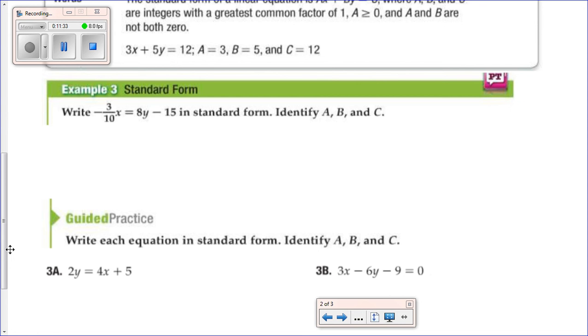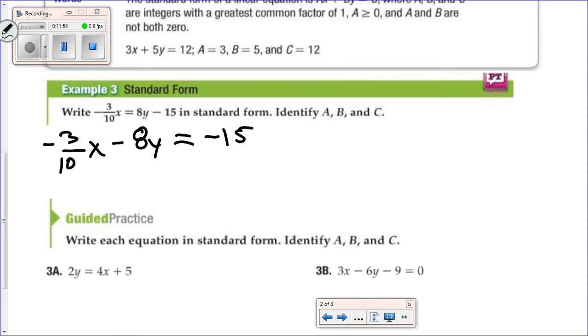And we also want a and b both on the same side. So first thing we need to do is subtract 8y from both sides. That will give us negative 3/10 x minus 8y, we're just moving the 8y to the left side, is equal to negative 15.